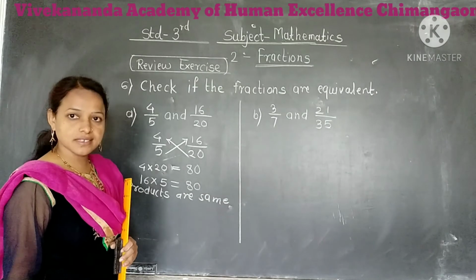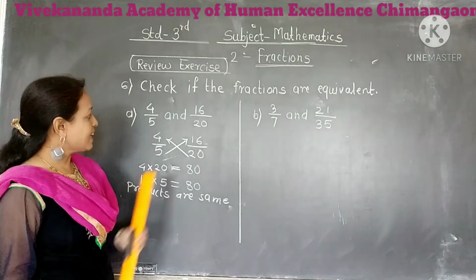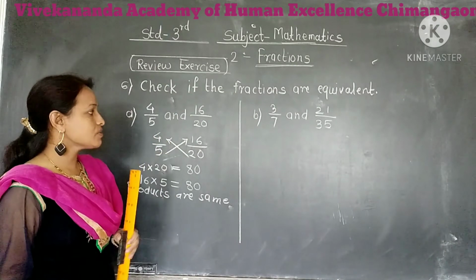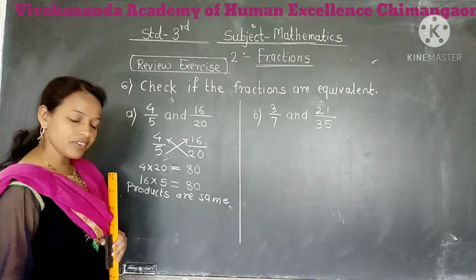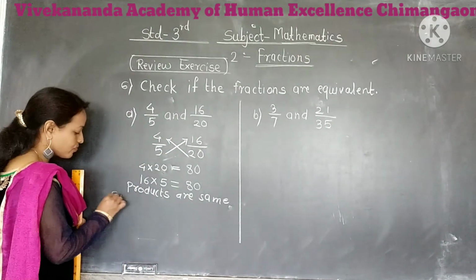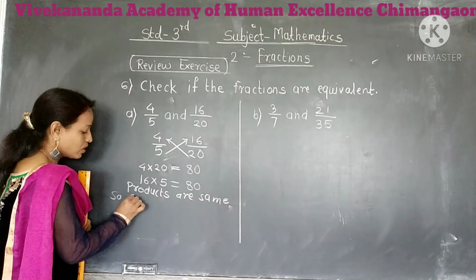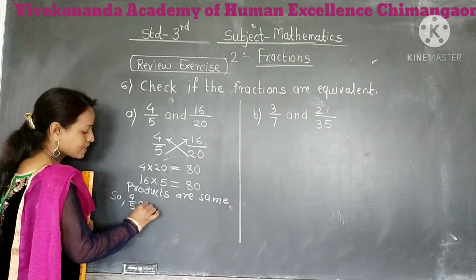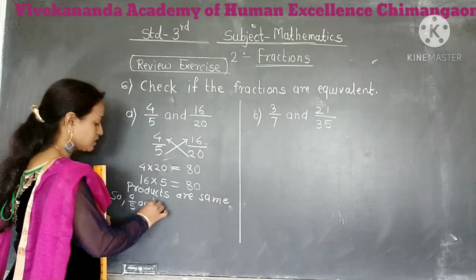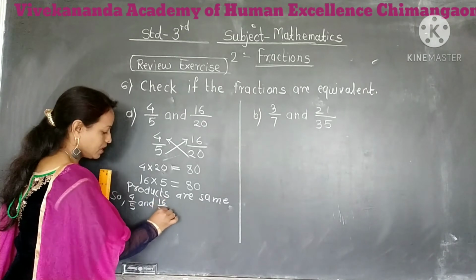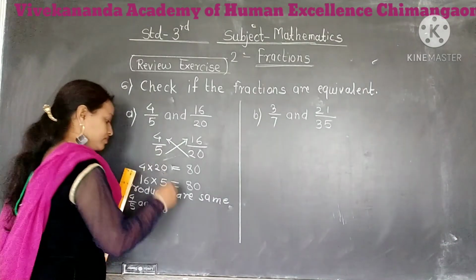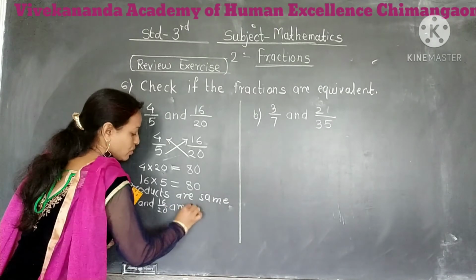If the products are the same, then we say that 4 upon 5 and 16 upon 20 are equivalent fractions. So 4 upon 5 and 16 upon 20 are equivalent.